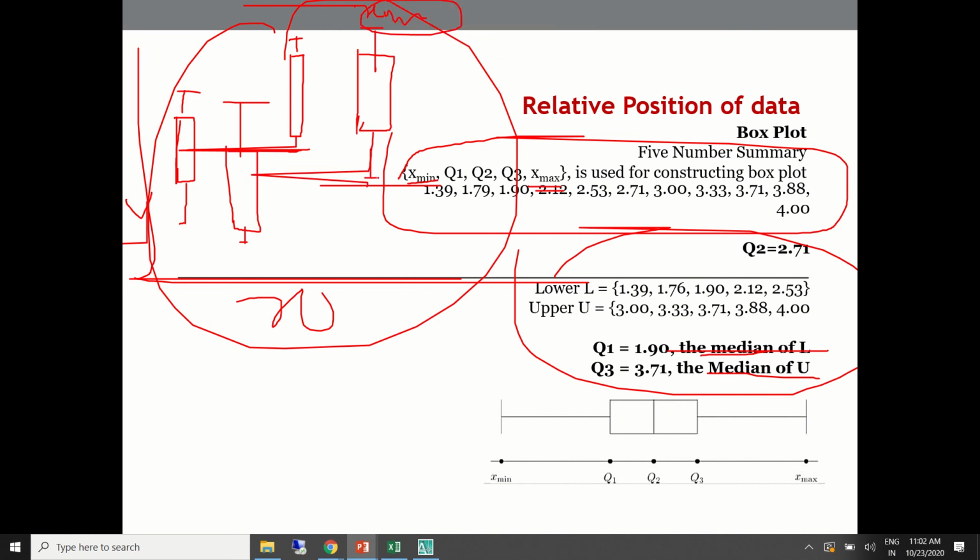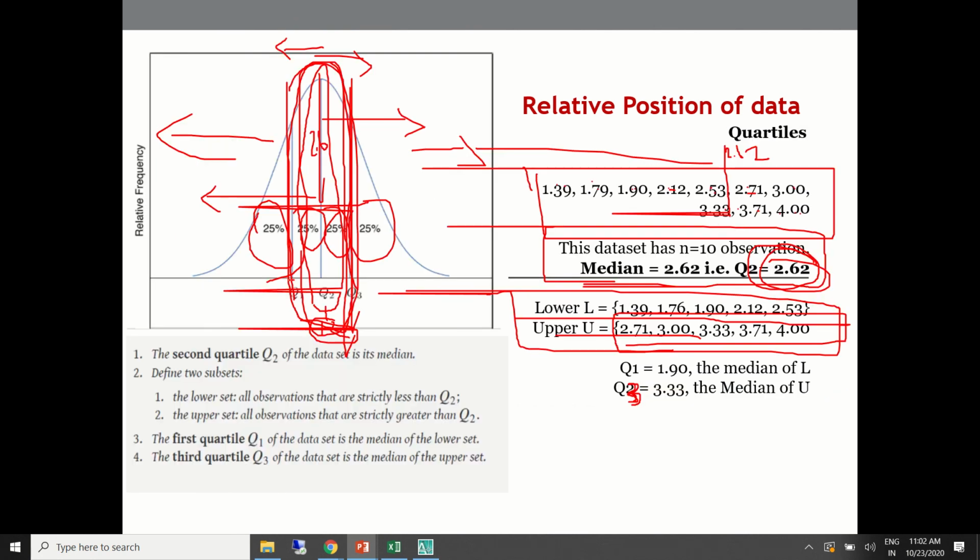We have a line representing the lowest number in the data set, and within this box we have the median value, which is Q2, which we calculated last time in the previous slides, and Q3 and Q1, the same information: lower median, higher median, median of the whole data set.